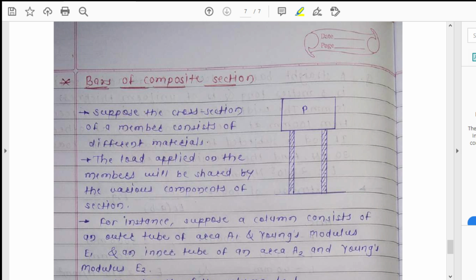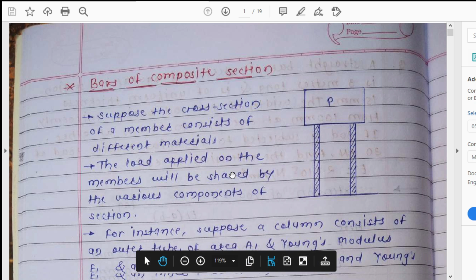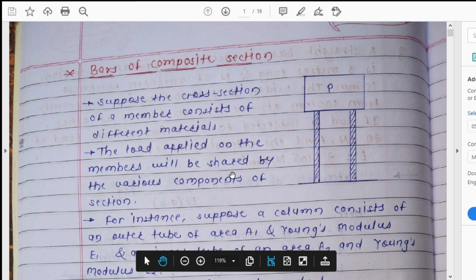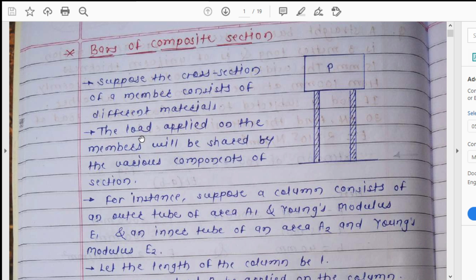Now bars of composite sections means bars which have concrete infill or metal bars in those sections. Now suppose the cross section of a member consists of different materials. That means if some metal rods are embedded in that section, then that bar will be a composite section.